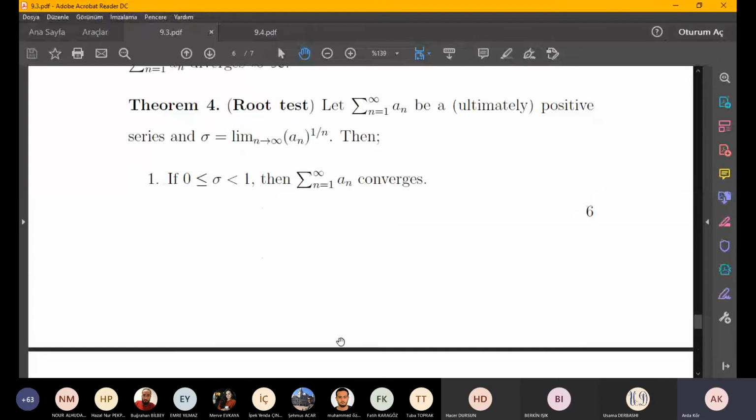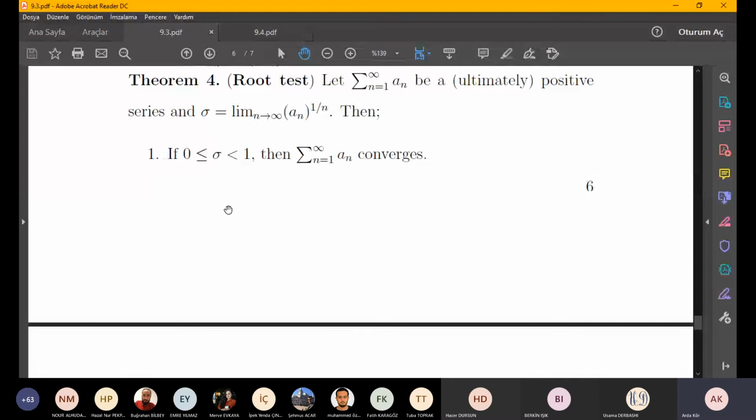And the last test that we will see here for positively defined series is the root test. Again, as you can understand by the name, we will take the nth root of the general term of our series.